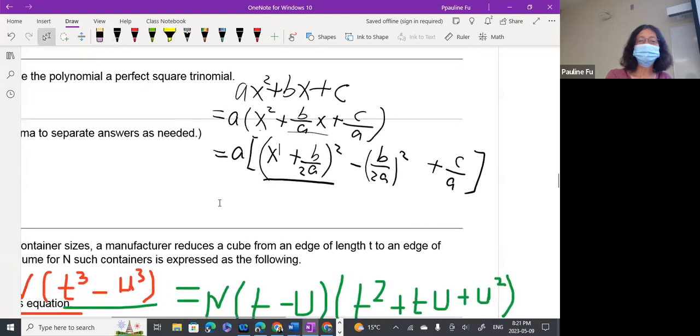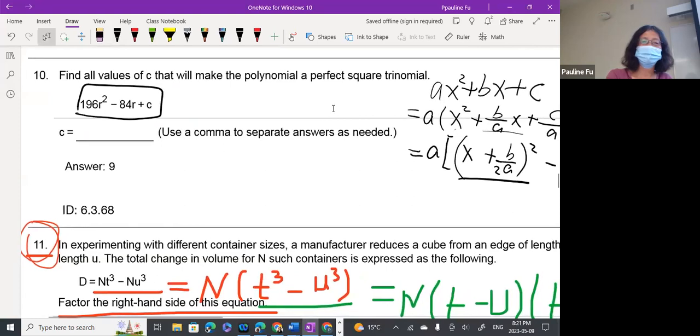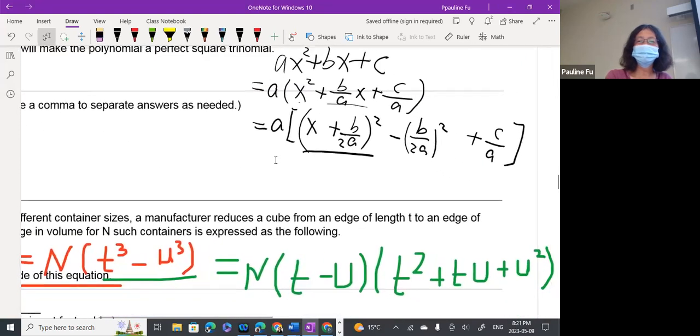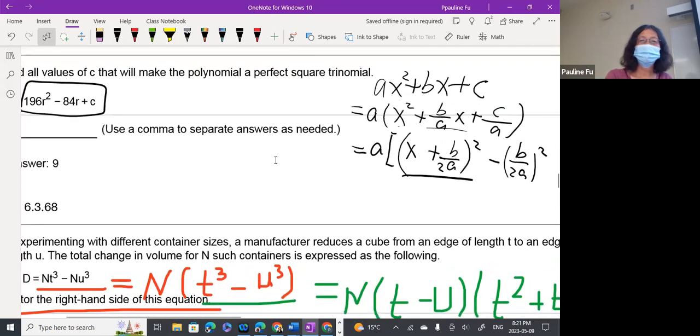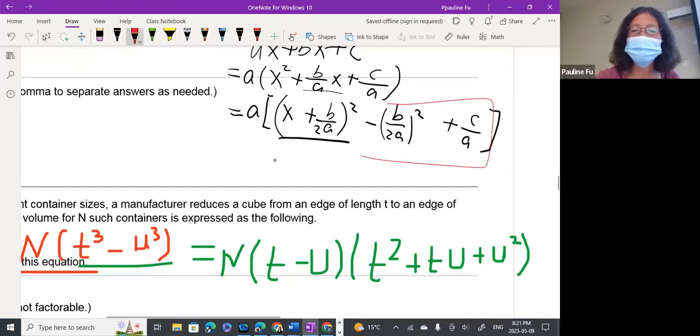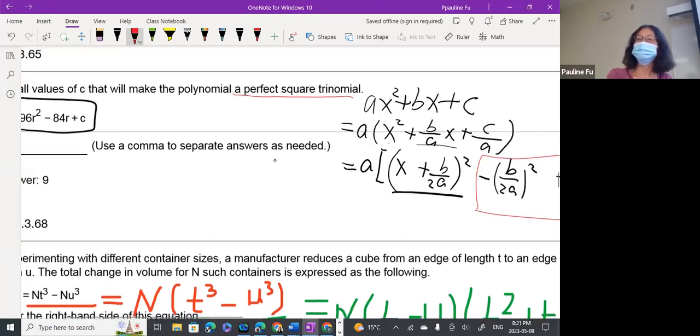And then what is the question? Find the value of c to make the polynomial a perfect square trinomial. Once you are here, if this item is 0, then you can make a perfect square trinomial, right?